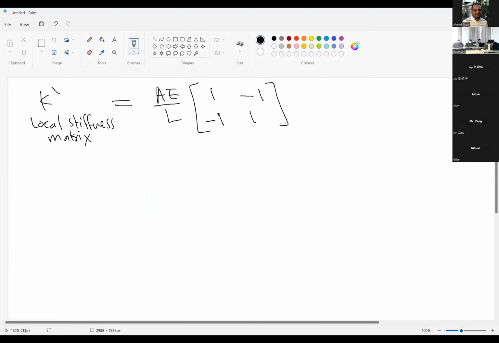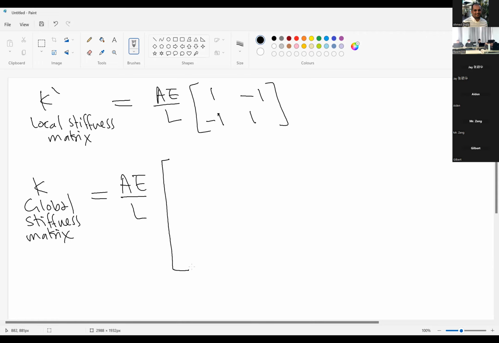So this was the local stiffness matrix for a truss. Today we have K, the global stiffness matrix of a truss, which will be equal to AE divided by L, and instead of 2 by 2, it will be a 4 by 4 matrix.